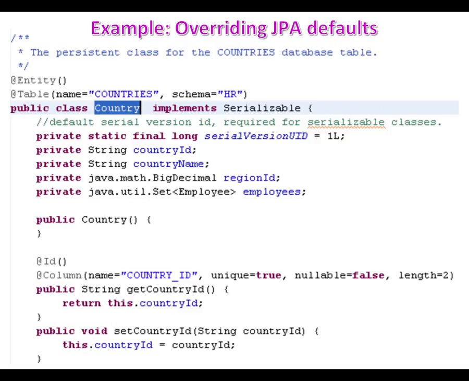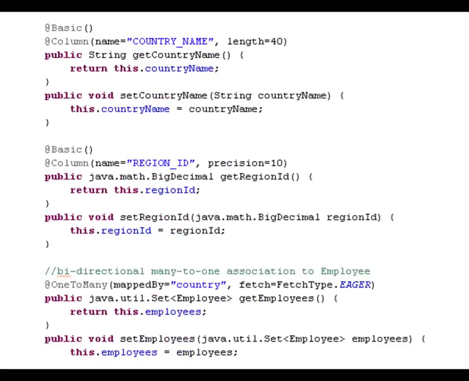Let's see what else. So again, I'm just showing you how you can override things. The country name, region ID, precision, you see, there's another field for the region. And then down later on, we'll get into this a little more later, this associations, okay, because obviously tables don't usually live by themselves, they're often related to other tables. So here's an example of this particular one.